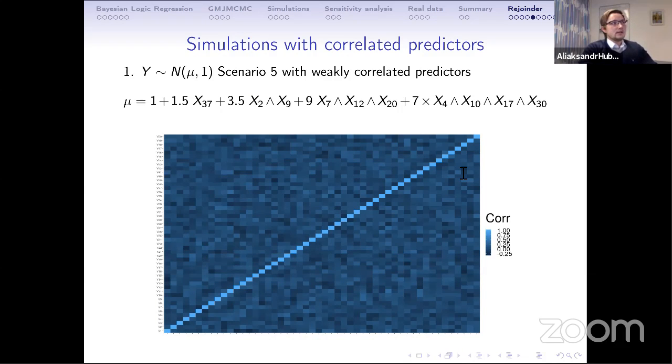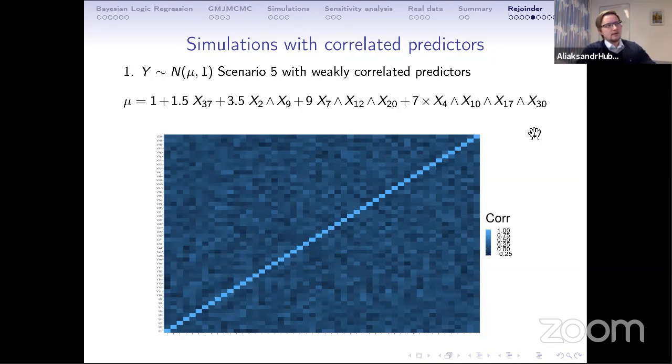We are going to continue to present the rejoinder with some additional simulation studies. And here we address the simulations with correlated predictors. So we addressed exactly the same scenario 5 with exactly the same unit dispersion level for the Gaussian observations, and the mean defined with respect to some single leaves, two-way interactions, three-way interactions, and four-way interactions.